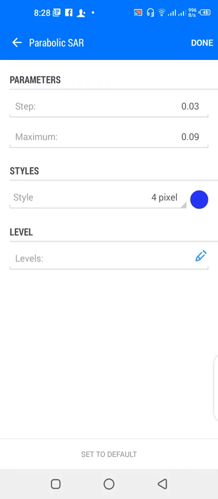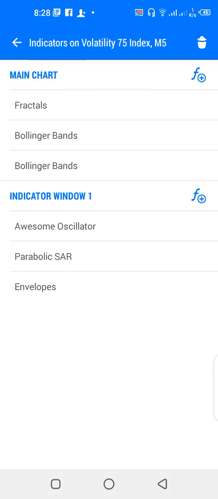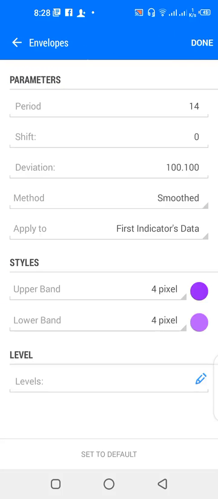That's another indicator. The step parameter is 0.03, maximum parameter is 0.09, and the color is blue. Then the last on the list is envelopes.